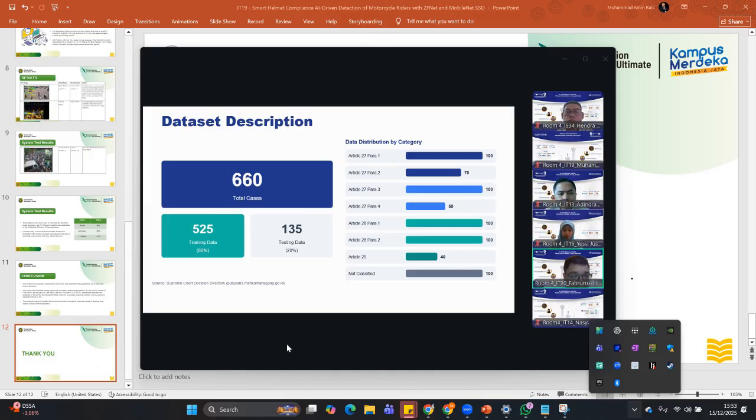As you can see from the distribution chart on the right, the dataset exhibits some class imbalance, like Article 27 paragraph 1, Article 27 paragraph 3, Article 28 paragraph 1 and paragraph 2, and the not classified category contains 100 cases.